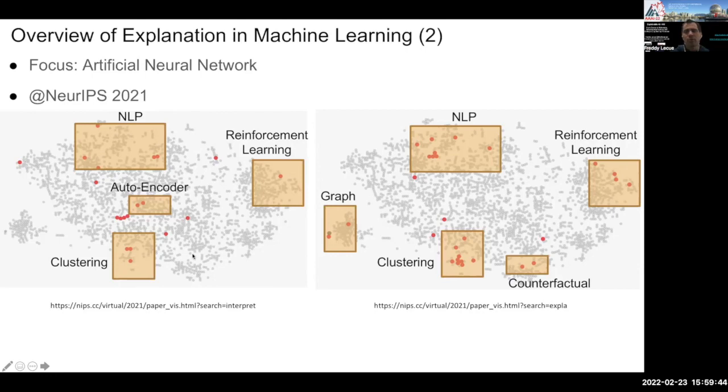You can see the 2021 trends, which is actually the trends from 3 months ago at NeurIPS, that show where papers are getting published in the field. There is work trying to get explanation on NLP language models, autoencoders, clustering is getting more attention, reinforcement learning, and you see on the left and the right it uses different terms, interpretation, explanation. But do you get a sense of what people are doing in the machine learning community?